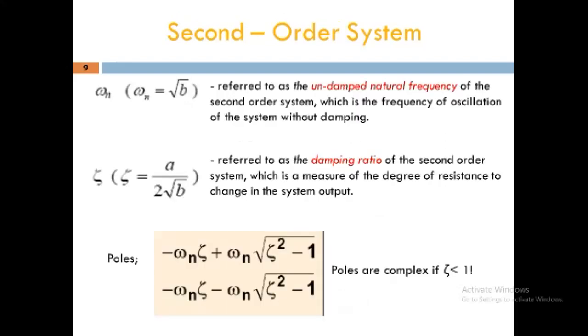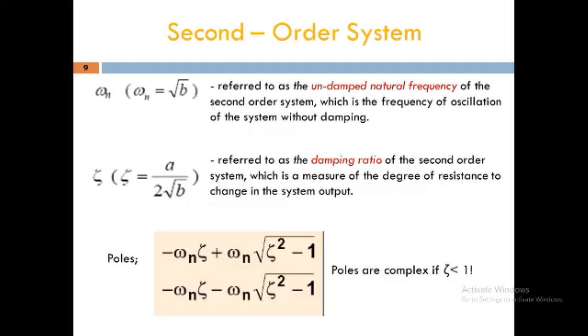In case of the second order system, the undamped natural frequency, which is the frequency of oscillation of the system without damping, can be written as omega n, where omega n is equal to under root of B. Now for sigma, we can write sigma is equal to A upon 2 root of B, and it is referred to as the damping ratio of the second order system, which is a measure of the degree of resistance to change in its system output.